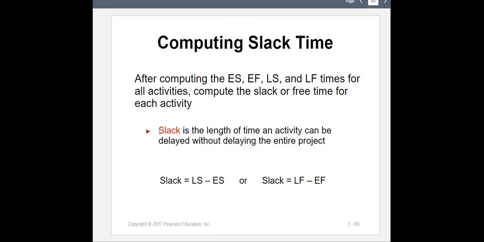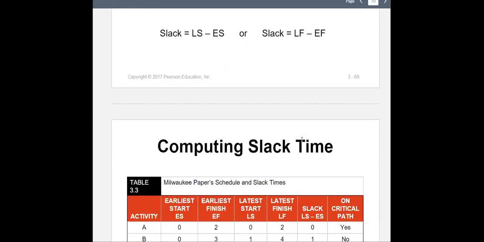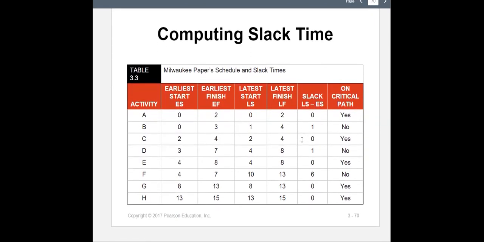What is slack by definition? Slack is the length of time an activity can be delayed without delaying the entire project. Or in other words, it's flexibility. If you want to say it in one word, that's the flexibility of each task to be completed. We already calculated earliest start, earliest finish, latest start, and latest finish, and using those numbers we can simply calculate the slack times.